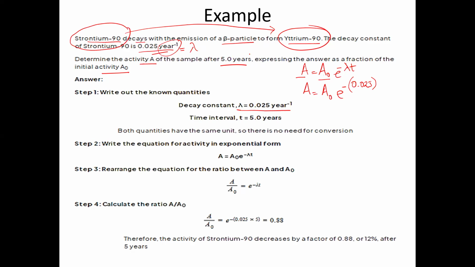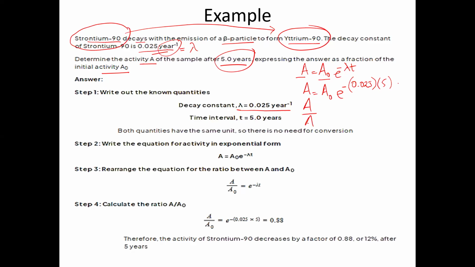Why? Because here the time given is also in years. But if the time had been given in seconds and the other in years, we would have to do the necessary conversion. The time given is 5. So we need to find the answer.